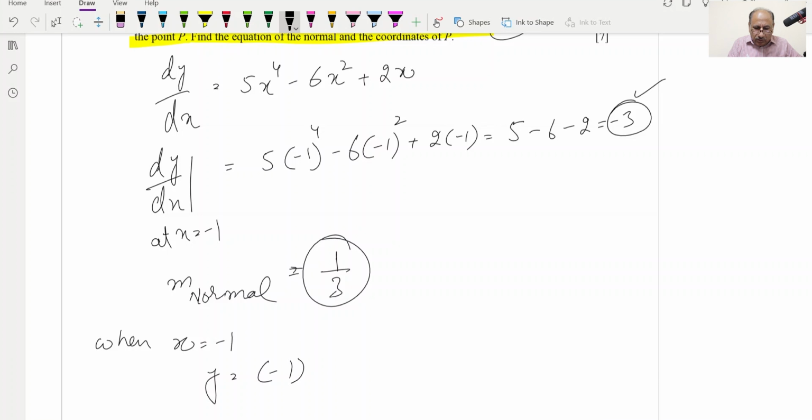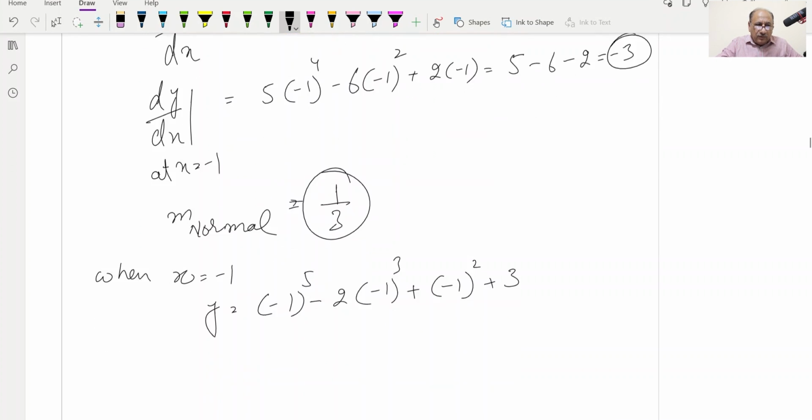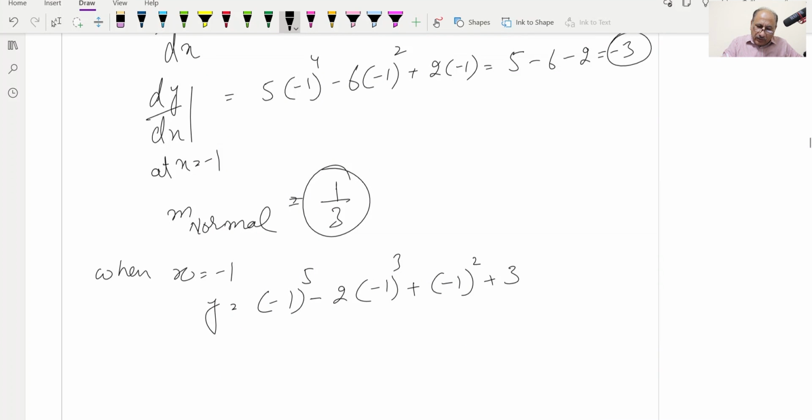So -1 raised to 5 minus 2 times -1 cubed, plus -1 squared plus 3, and we can further simplify this, and this will be equal to -1 plus 2 plus 1 plus 3, so this will be equal to 5.